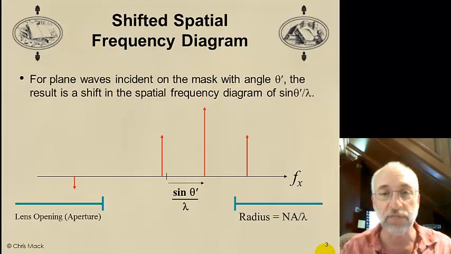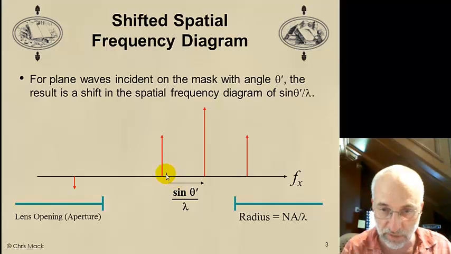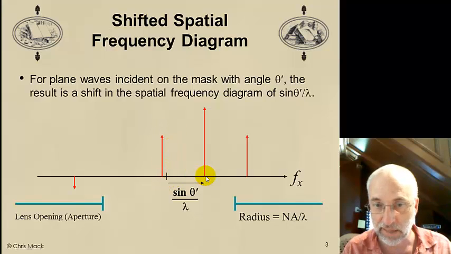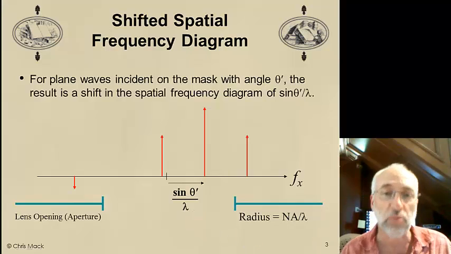So if I shift the diffraction pattern with respect to the center of the lens, right? So the center of the lens is this little dash, and it's where the zero order was when I had normally incident light. Now it's all been shifted. The lens has a certain opening, a radius, NA over lambda, here and here. And if I shift the diffraction pattern, what happens?